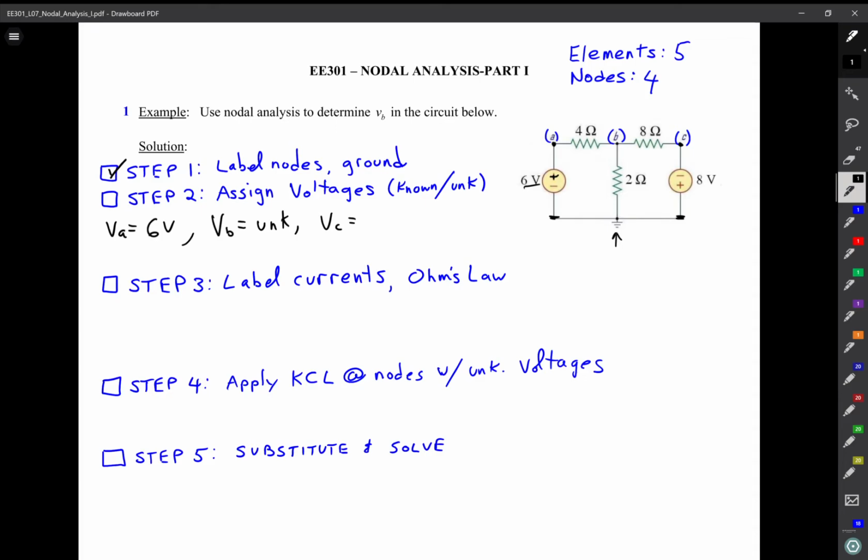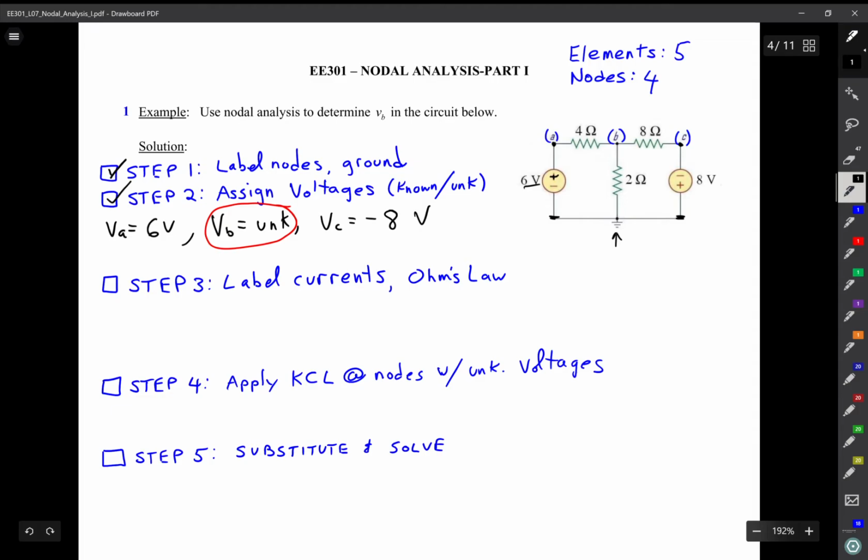It's less than the potential at ground, and so this V sub C is equal to minus 8 volts. Notice the polarity. Okay, and we also want to identify which ones are known and unknown. So VB is my unknown node. So I'm basically going to have one equation and one unknown, and I'm going to solve for VB at the end. Okay, done with step 2.